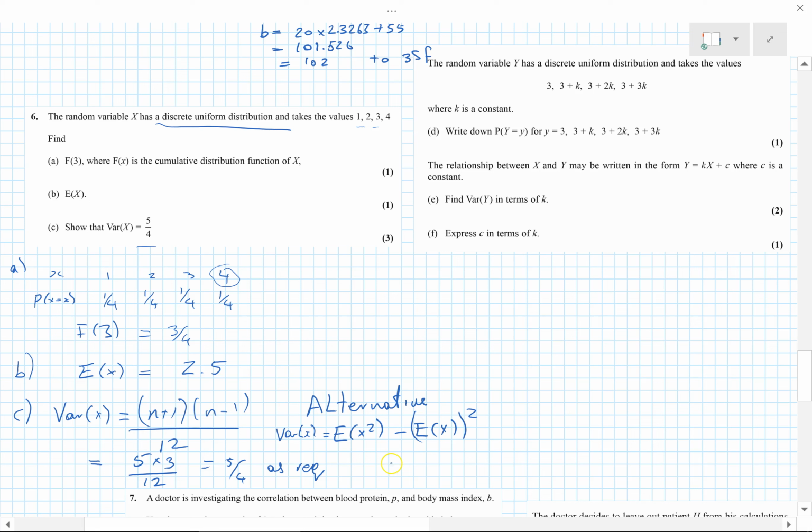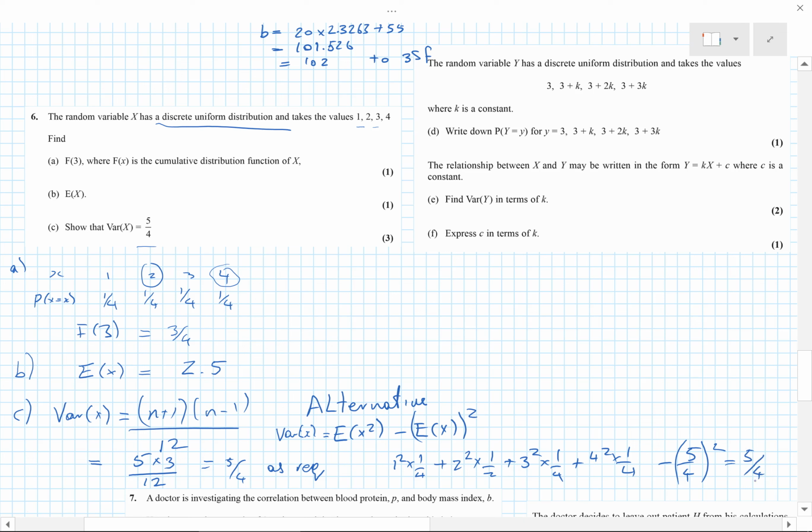Then we would just do 1 squared times a quarter, plus 2 squared times a quarter, plus 3 squared times a quarter, plus 4 squared times a quarter, minus 5 over 2 squared, the mean squared.